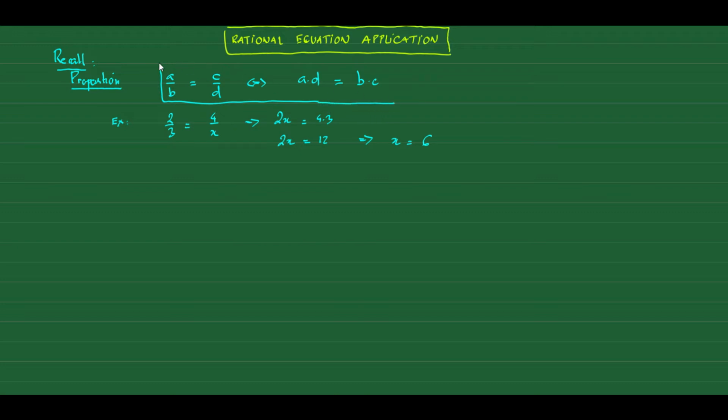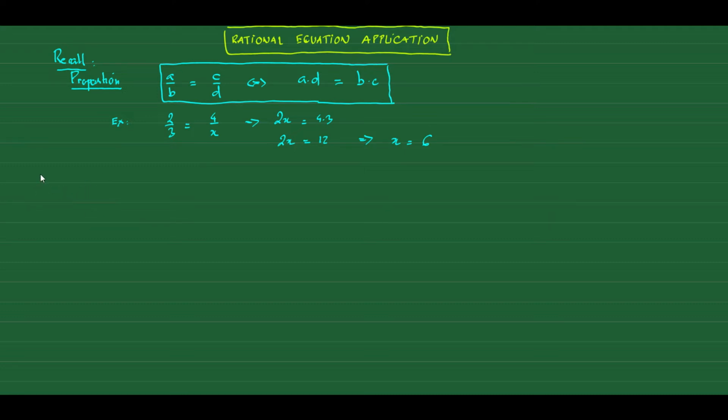Okay, so we're going to do one example of a word problem, an application of rational equations using the cross multiply property to solve for variable x. So it's just like any other word problem. In order to solve a word problem, we have to set up a variable.